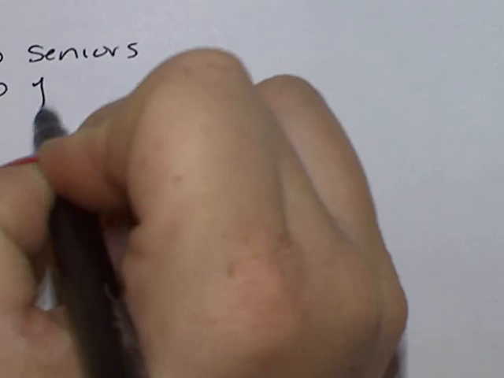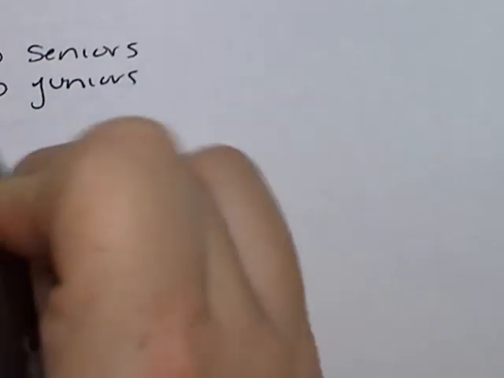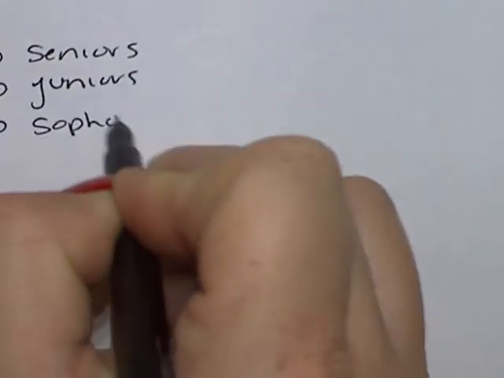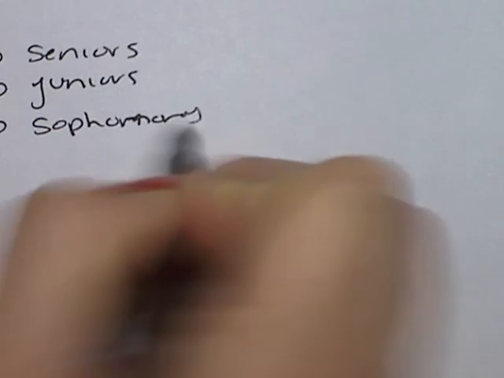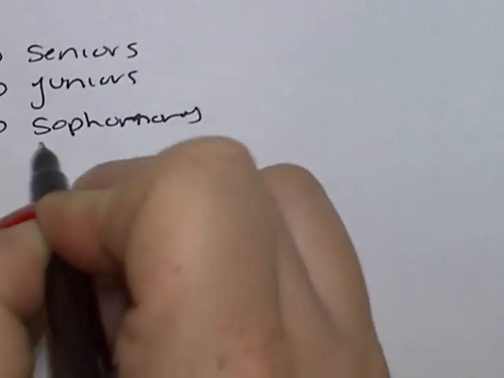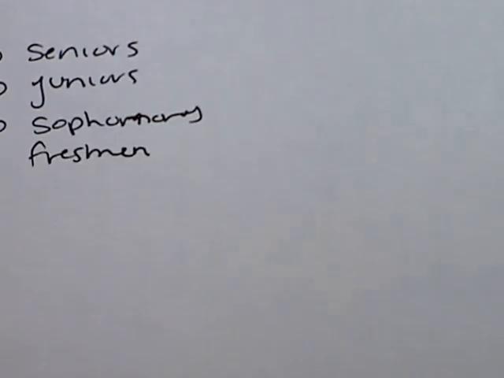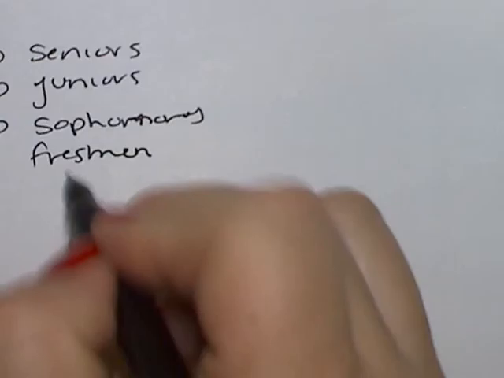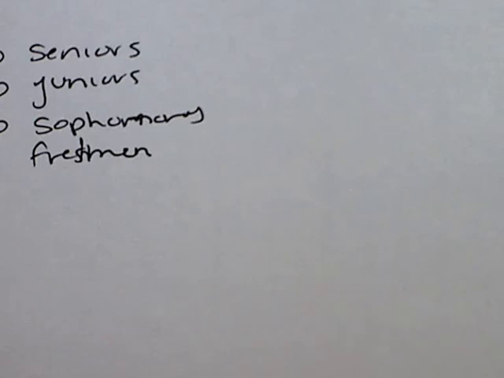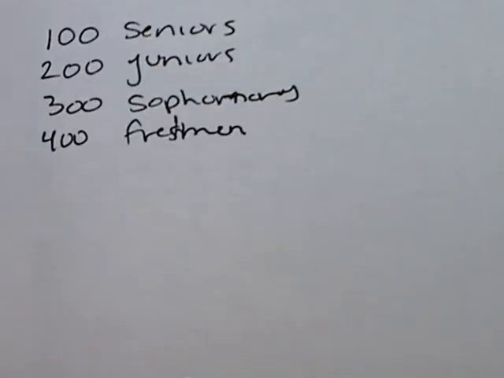You have 100 seniors, 200 juniors, 300 sophomores, 400 freshmen. The names of all the students listed, of the 100 seniors, 200 juniors, 300 sophomores, and 400 freshmen, are placed into a large container.